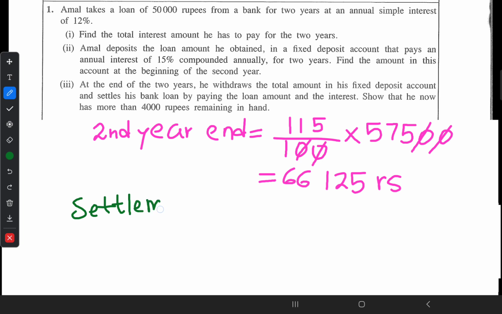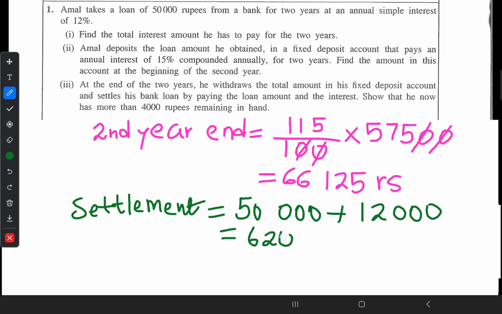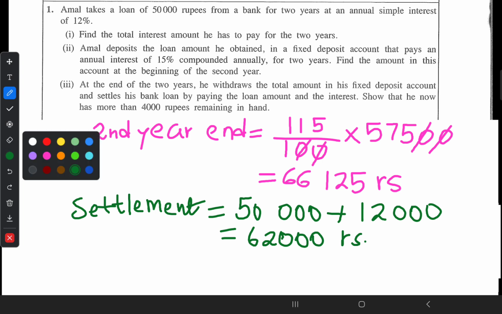The settlement amount: earlier he borrowed a loan of 50,000 rupees. Similarly, in the first part we found that for 2 years he has to pay 12,000 as interest. So both together, he has to pay a total of 62,000 rupees to the bank where he borrowed the loan of 50,000 rupees. So he has to settle 62,000 rupees.